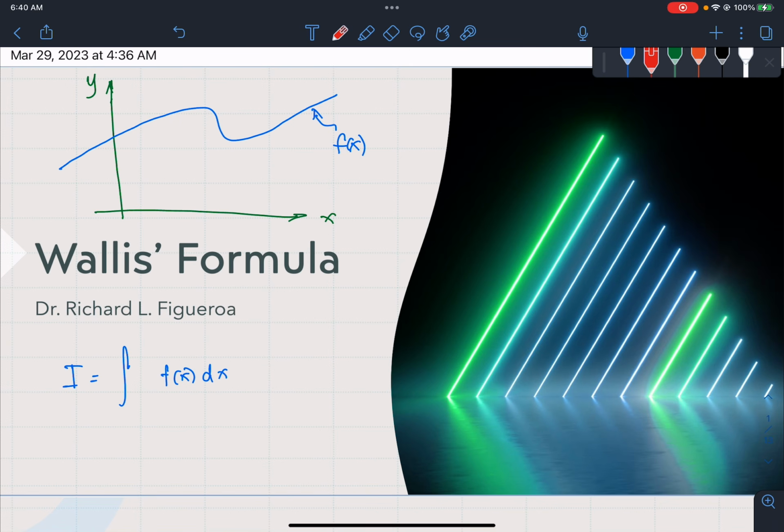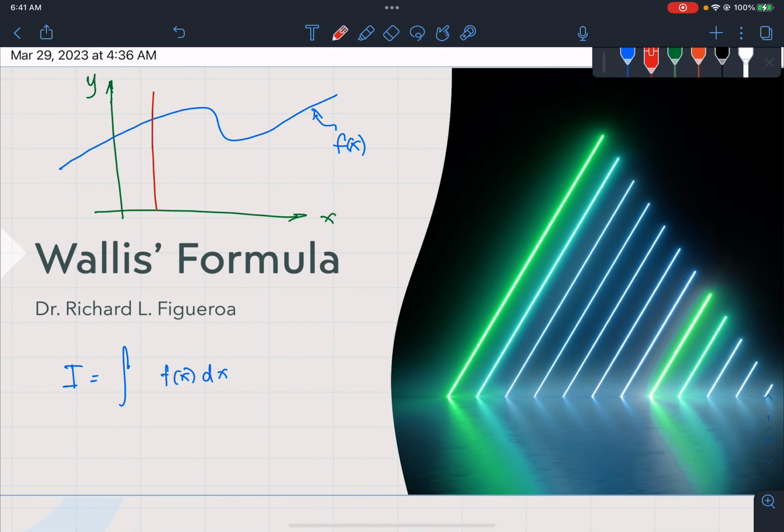However, if we want to evaluate the integral of a certain function from a certain boundary, meaning there's a lower limit and an upper limit, we can do that, and that is what we refer to as the definite integral.